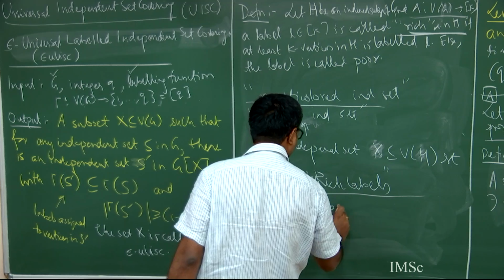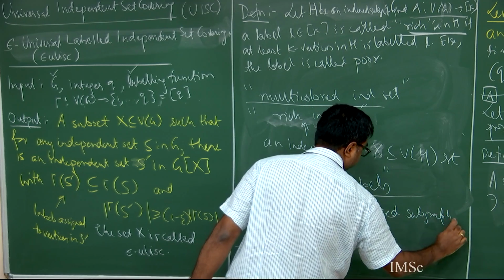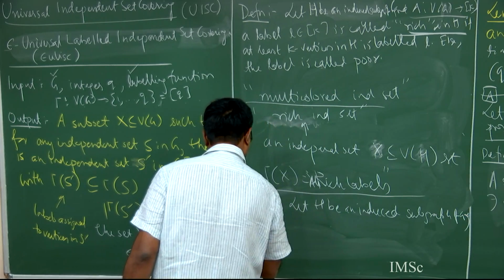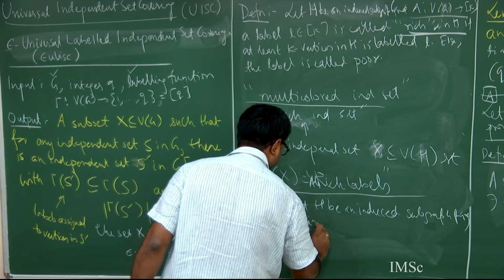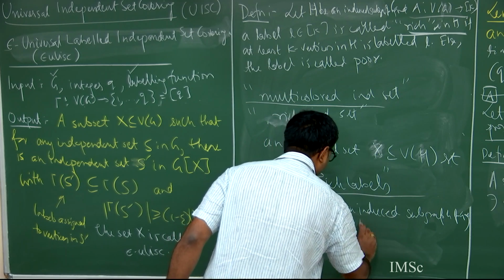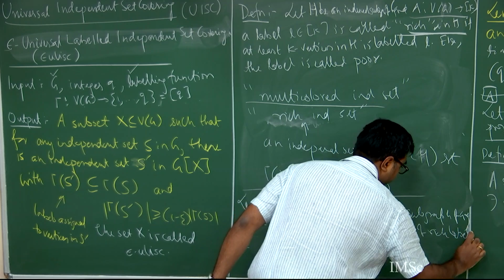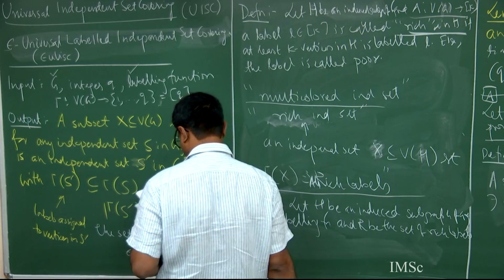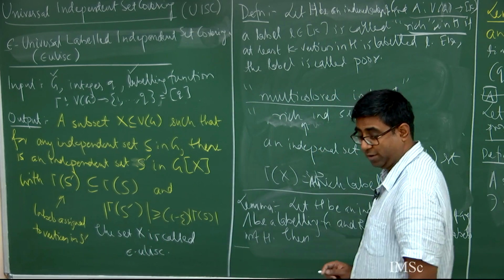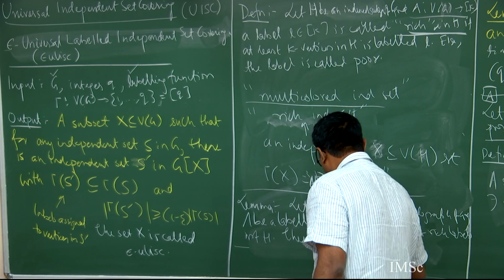let H be an induced subgraph of G, delta be a labeling function, and R be the set of rich labels with respect to H. Then first question, this is also not clear, then R is realizable in H, right.